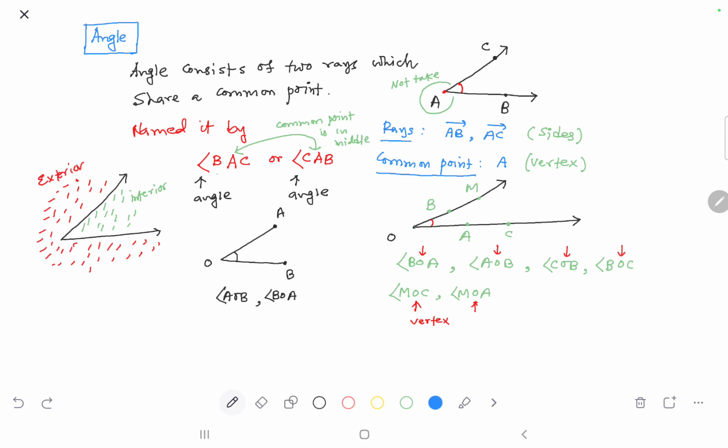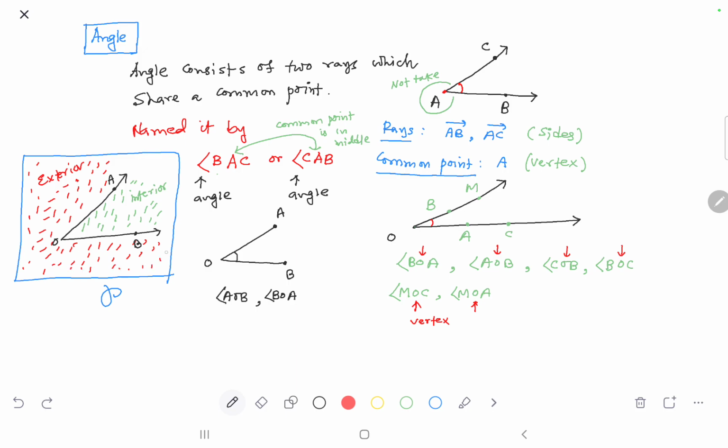So let's say you have a plane, and on that plane you have an angle. This is the plane, let's say script P, and you have the angle with points A, O and B, right? Then you have the interior part of the angle, and you have the exterior part here.